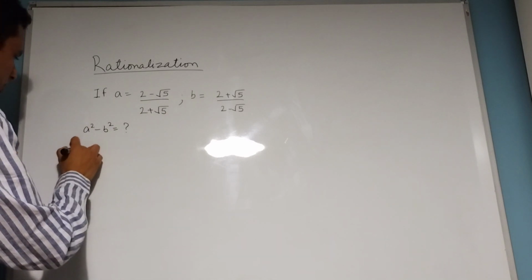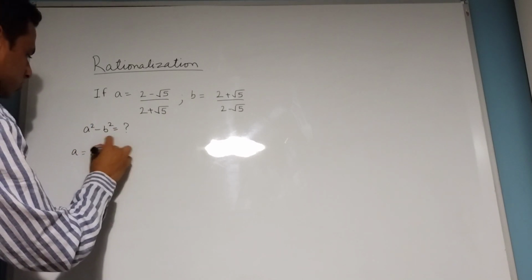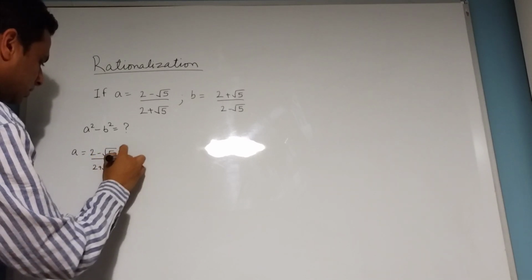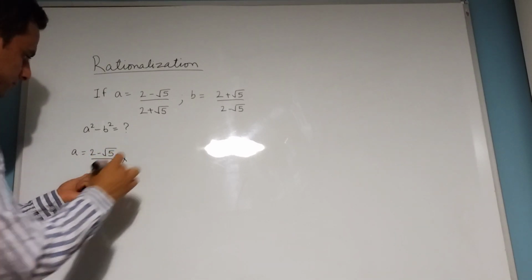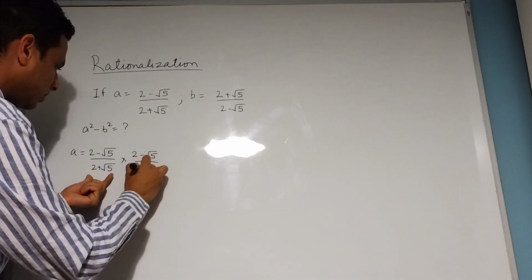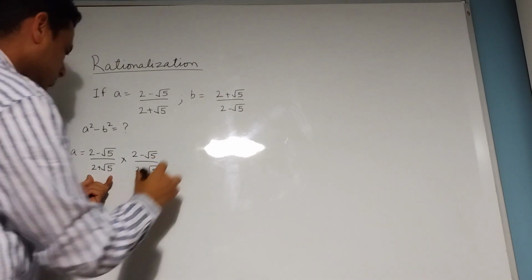We know a equals 2 minus root 5 by 2 plus root 5, times the denominator but with the opposite sign. We multiply and divide this by the same number.